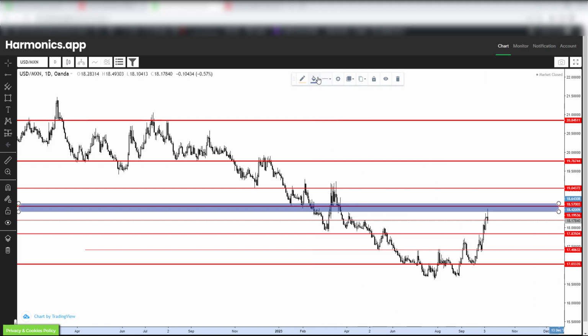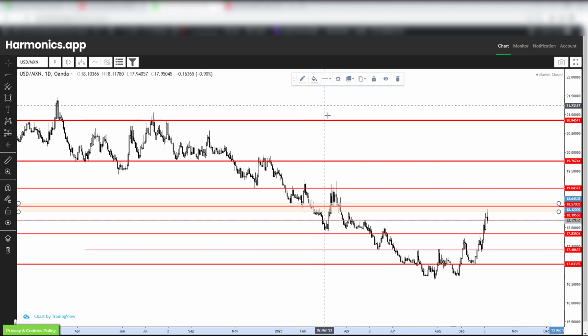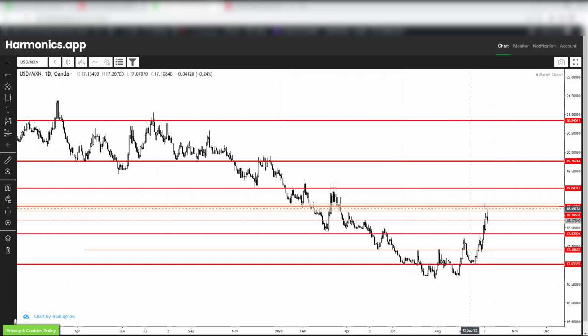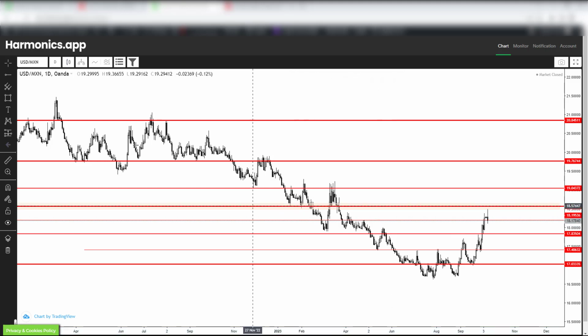Sorry, this is not the one. This is the one, okay. This one is here, then this one is here. Let's put this one also here. We are now making supply and demand zones around these price levels to see where the price could bounce.